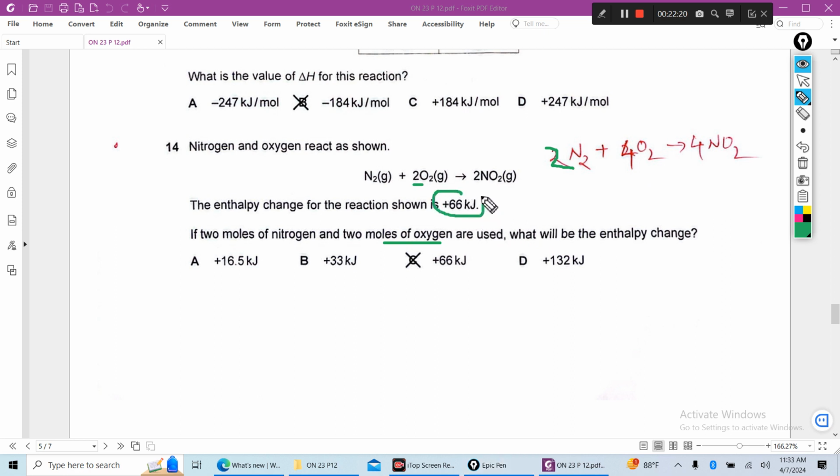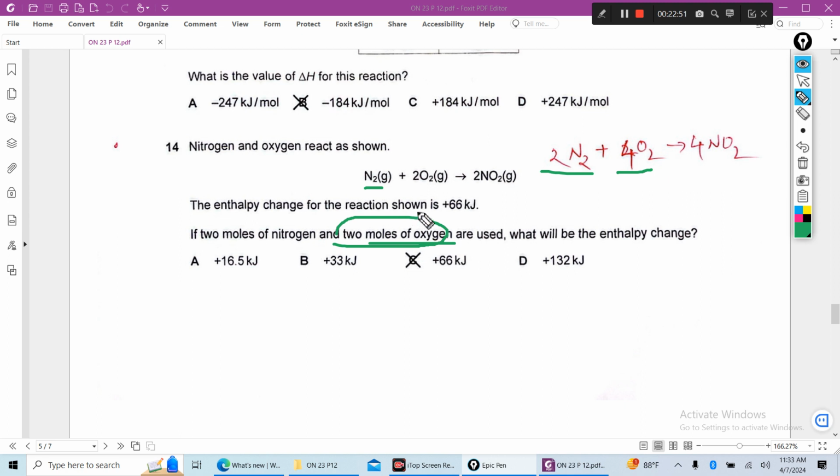It will be the same value, plus 66, because if you take 2 moles of nitrogen, 4 moles of oxygen are needed, but only 2 moles of oxygen react. So if you take 2 moles of N2, only 1 mole of nitrogen will react, because there are not 4 moles of oxygen, only 2 moles of oxygen.